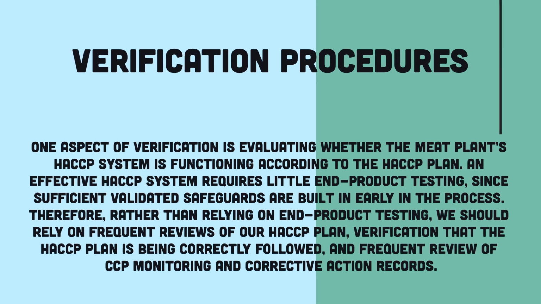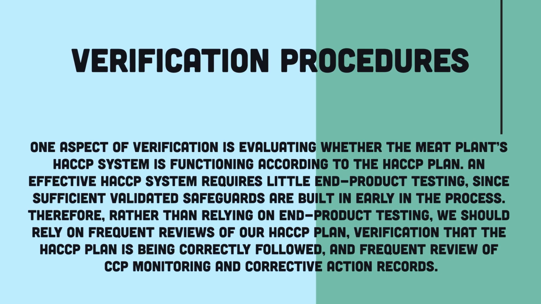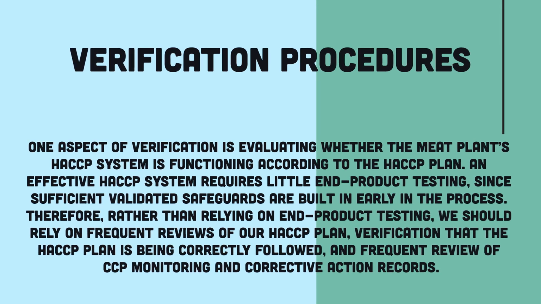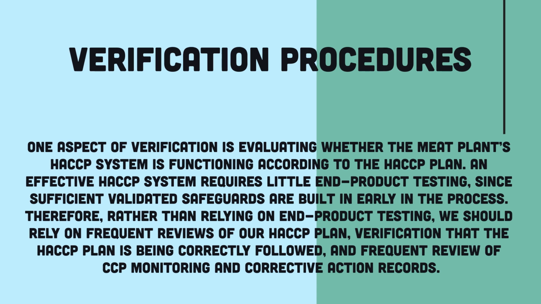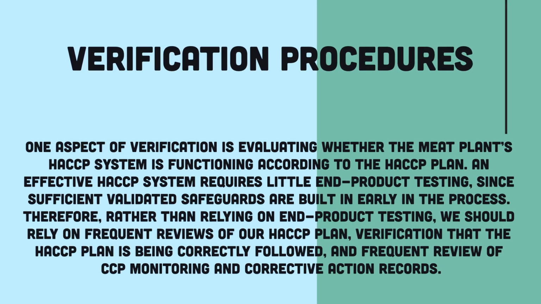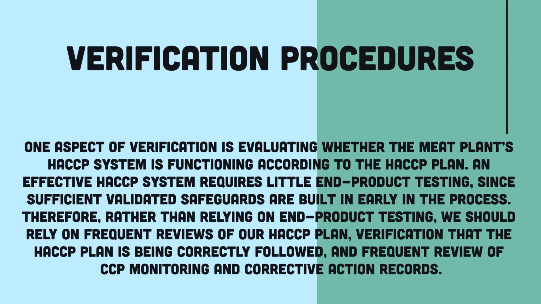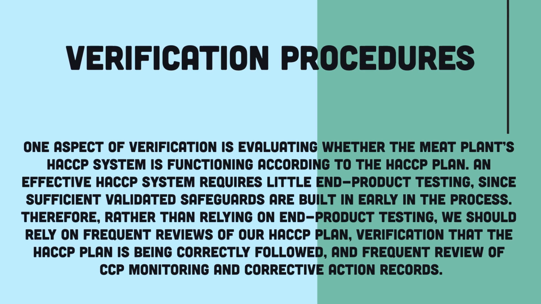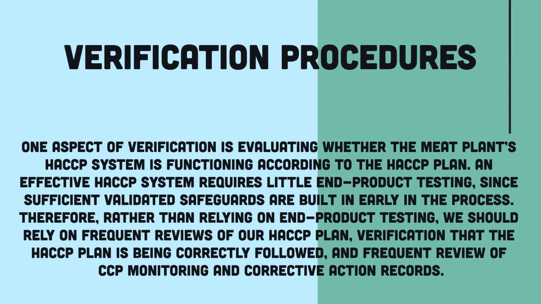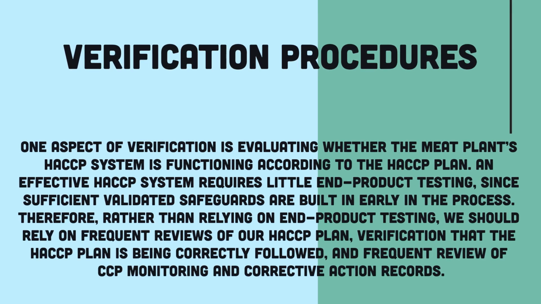An effective HACCP system requires little end product testing, since sufficient validated safeguards are built in early in the process. Therefore, rather than relying on end product testing, we should rely on frequent reviews of our HACCP plan, verification that the HACCP plan is being correctly followed, and frequent reviews of CCP monitoring and corrective action records.